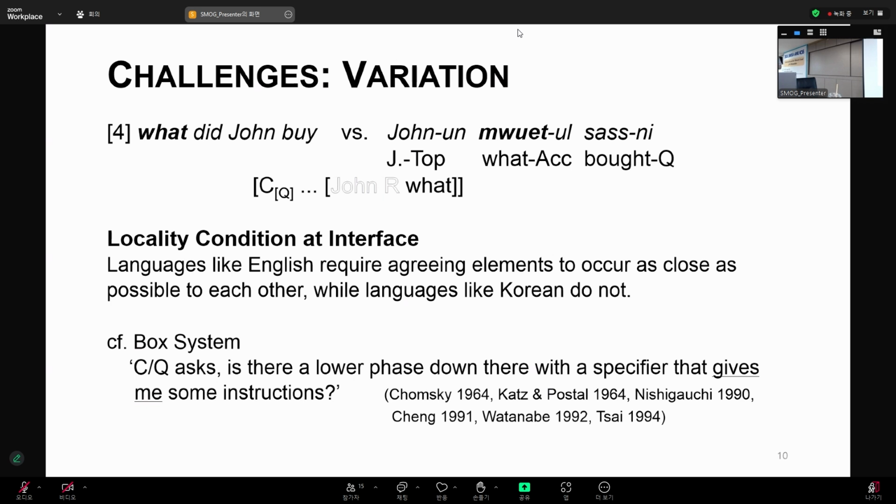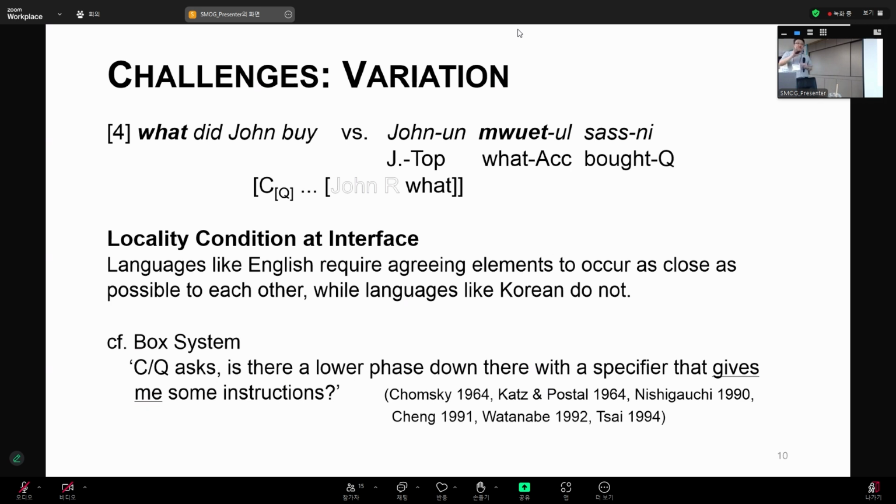For Chomsky, I believe Chomsky attributes the language variation between these two types of languages to the inherent nature of the WH phrase, presumably maintaining his ideas in 1964 and developed by numerous other scholars, famously Watanabe and Nishigauchi.